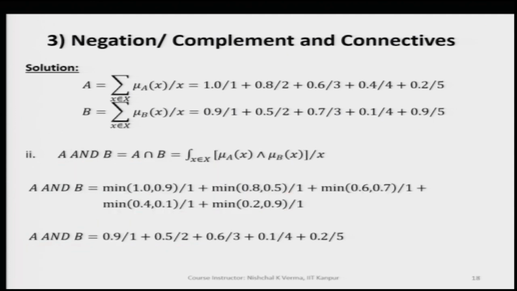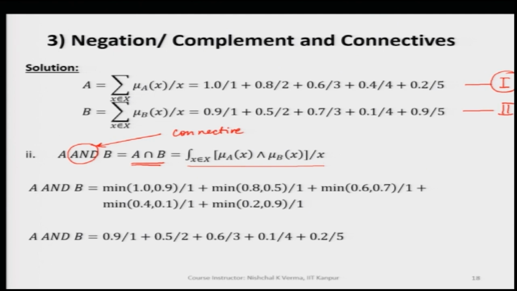Now, let us find A and B. As I have already mentioned, AND is a connective. We have been given fuzzy set A, the first fuzzy set, and this is the second fuzzy set. So, both the fuzzy sets have been given. Now, we have to connect these two fuzzy sets together, and as I have already mentioned, when we have AND, we have to take the intersection. The basic intersection uses the min.